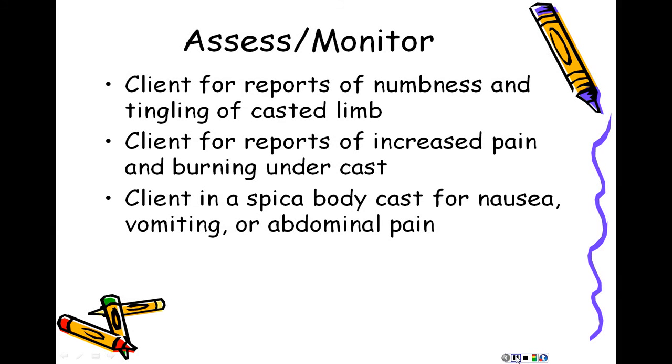And so what we want to make sure we're doing when we have a patient that has a spica body cast is making sure that we're assessing the bowel sounds, and we're assessing for decreased bowel sounds. And so what you have to remember is what constitutes decreased bowel sounds, what is normal bowel sounds, and what is decreased bowel sounds.